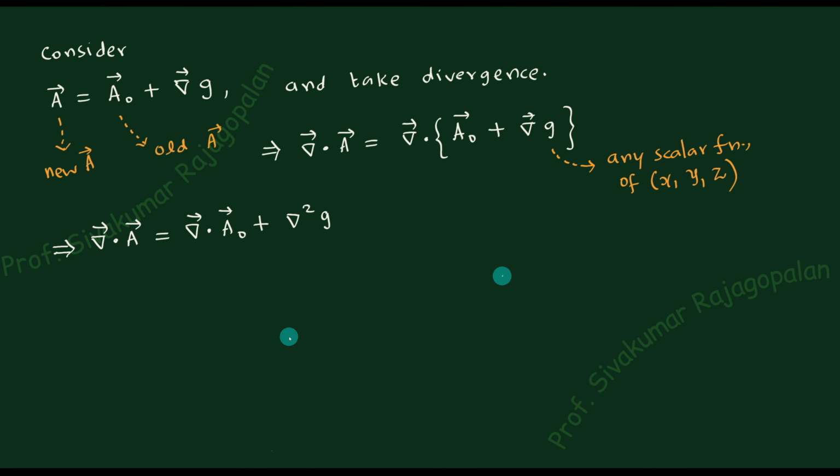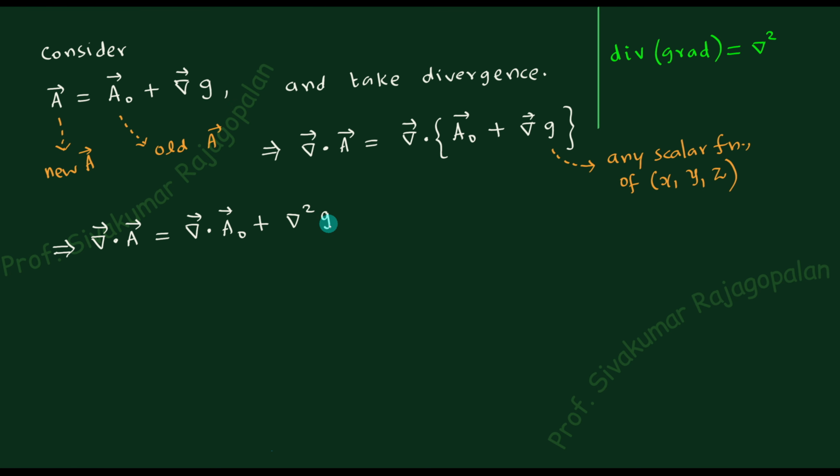Keep a note that the divergence of the gradient is what is known as the Laplacian, represented by the del square operator. Del square is a scalar operator, and you can operate it on a vector or on a scalar, both are possible.